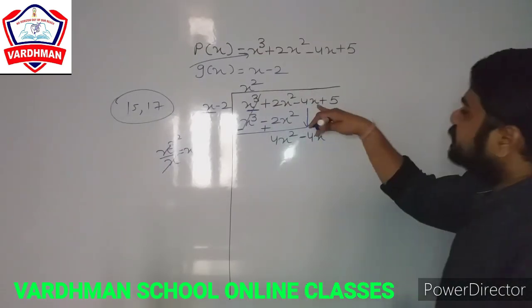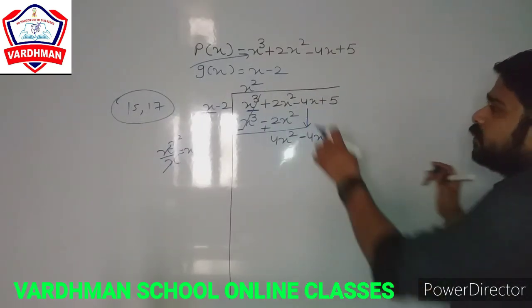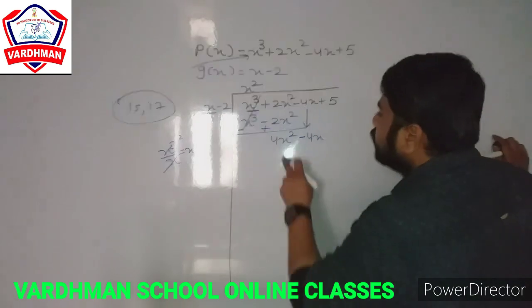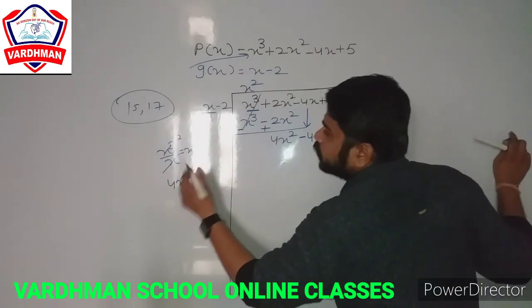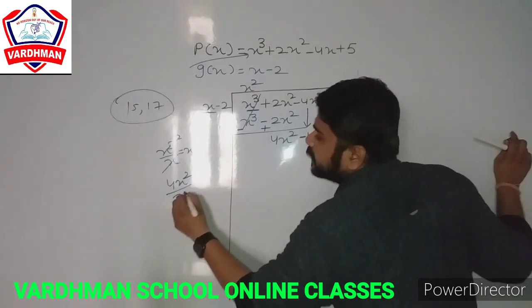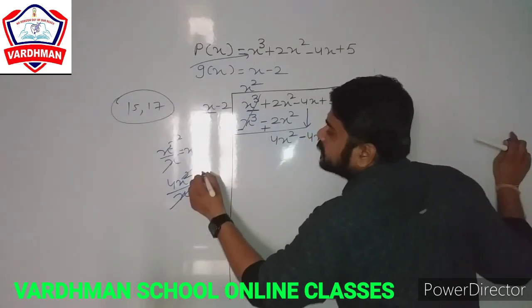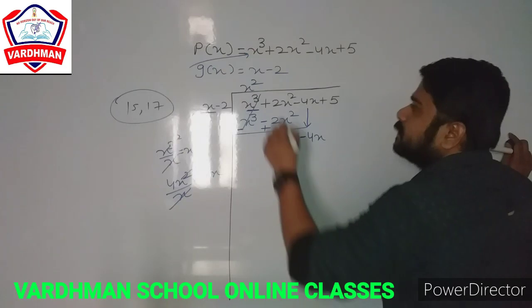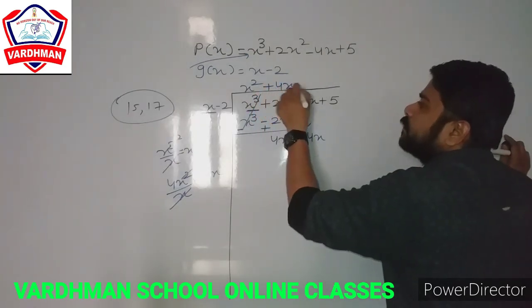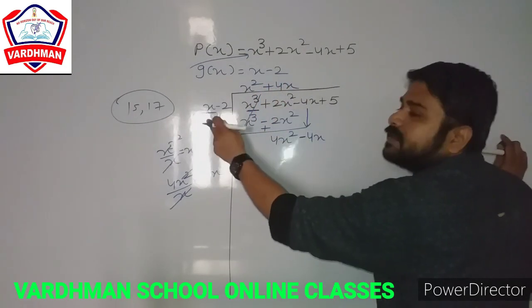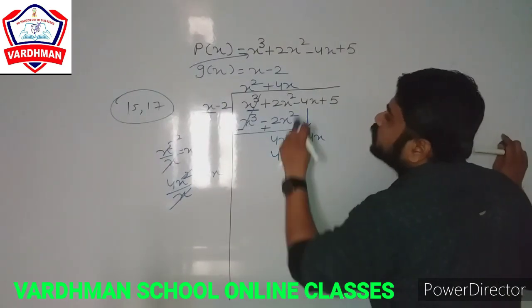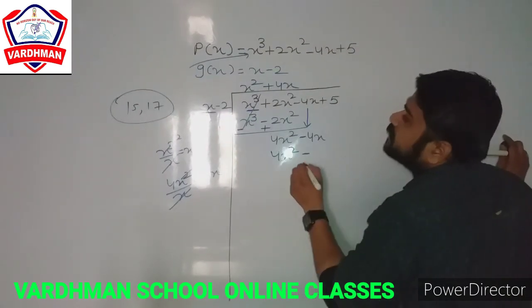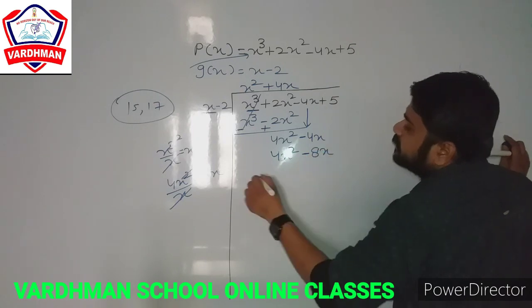नेक्स्ट डिजिट को हम नीचे लेते हैं डिवीजन में, तो नेक्स्ट डिजिट there is the minus 4x. ये पूरा एक टर्म है ना. अब 4x square, ये x, क्या बचेगा, 4x. Put here 4x multiplied by these two terms, 4x into x, 4x square, minus 8x.